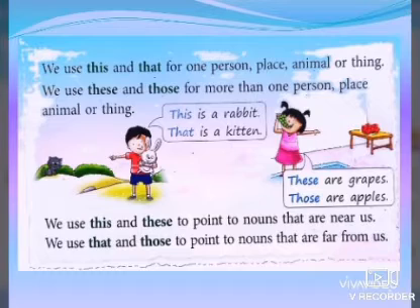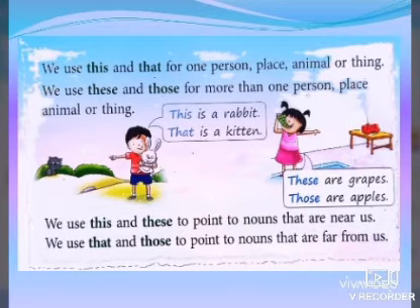Now on the other hand, you can see a girl in a pink dress. What does she say? These are grapes. You can see grapes in her hand, and there are so many, so it is plural form. So these are grapes, and those are apples.